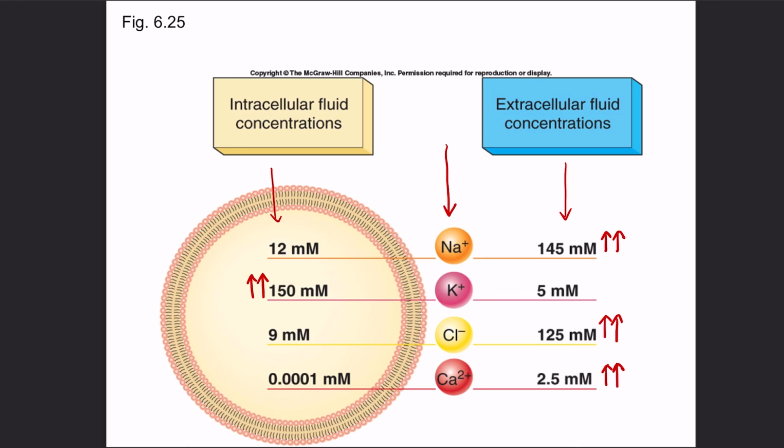And so what this tells us is that passive diffusion is not the only way, because if it were, it would be trying to reach more of an equilibrium. However, we are going to get into active transport next week, and active transport is going to require energy, and so it moves solutes against their concentration gradient.